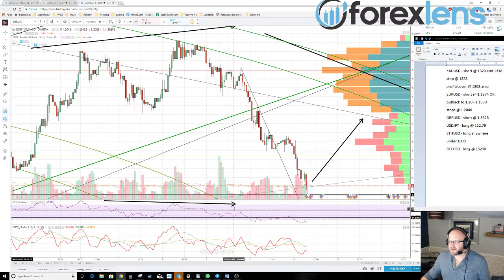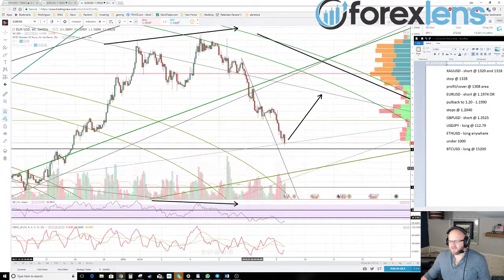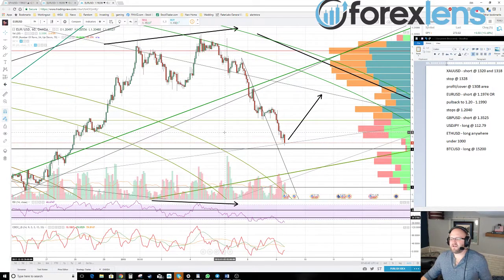I meant, sorry, 50 and 60 for the uptrend support, and then 40 and 30 are where we're going to find some resistance lines on a downtrend. Hope that makes sense.